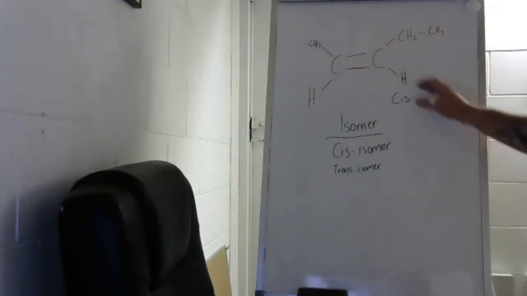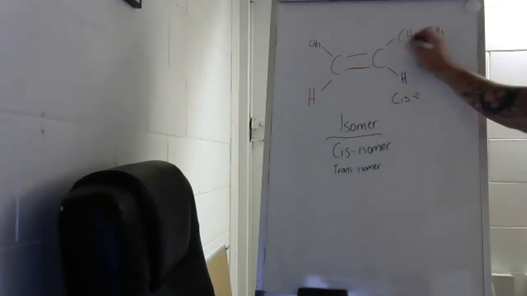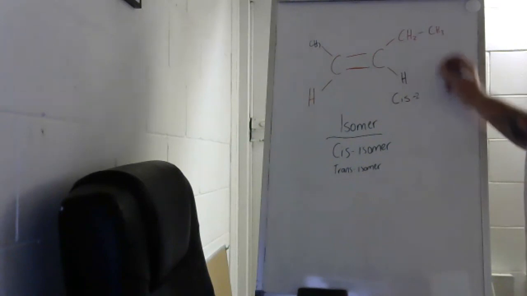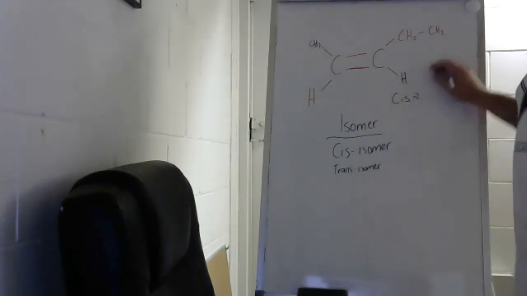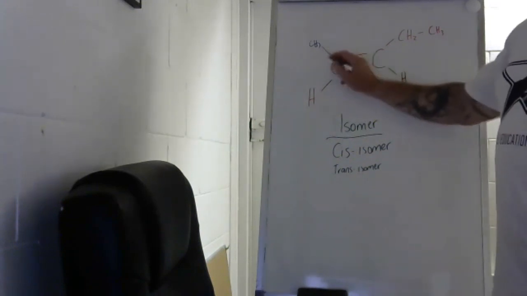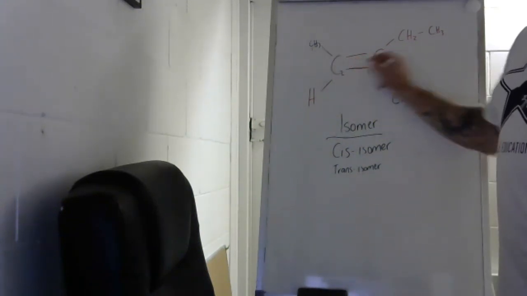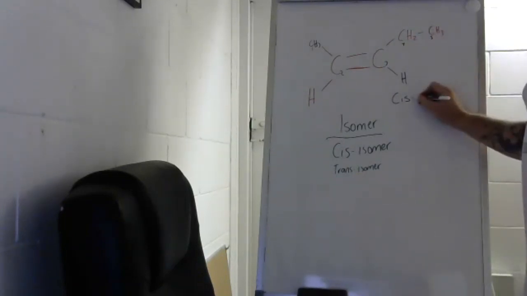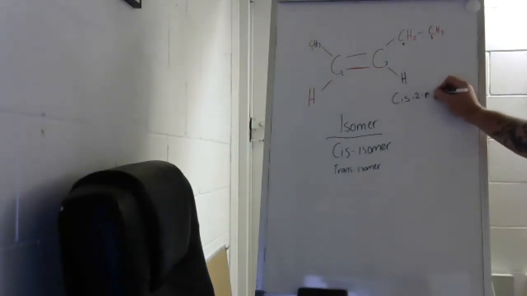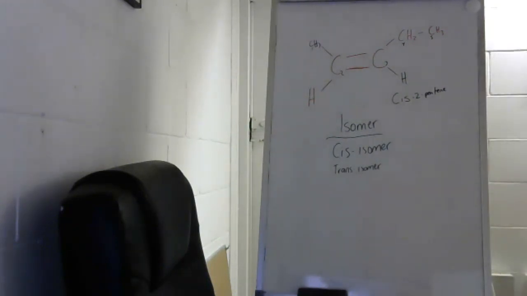Cis because it's a cis isomer. 2 because the carbon chain comes off the second carbon there. 1, 2, 3. So cis 2-pentene, because the double bond is coming off the second carbon.